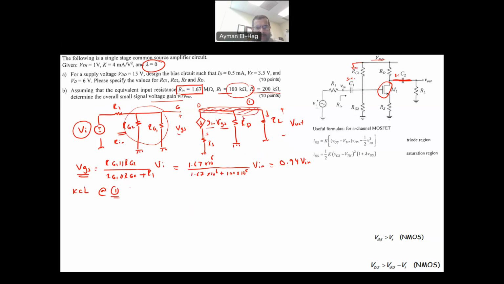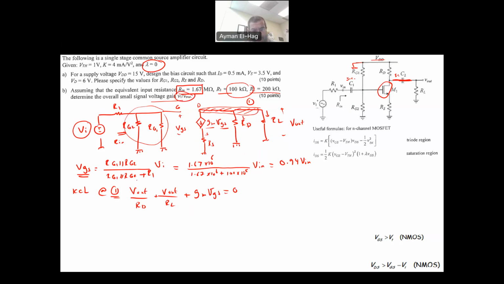So we will have Vout over RD plus Vout over RL plus GM VGS is equal to 0. Now, remember, I want to find the gain Vout over Vn. By the way, this is not true. It has to be Vout over Vn, not Vn over Vout. So that's what I want. So I want to have the whole equation either in terms of Vout or in terms of Vn.